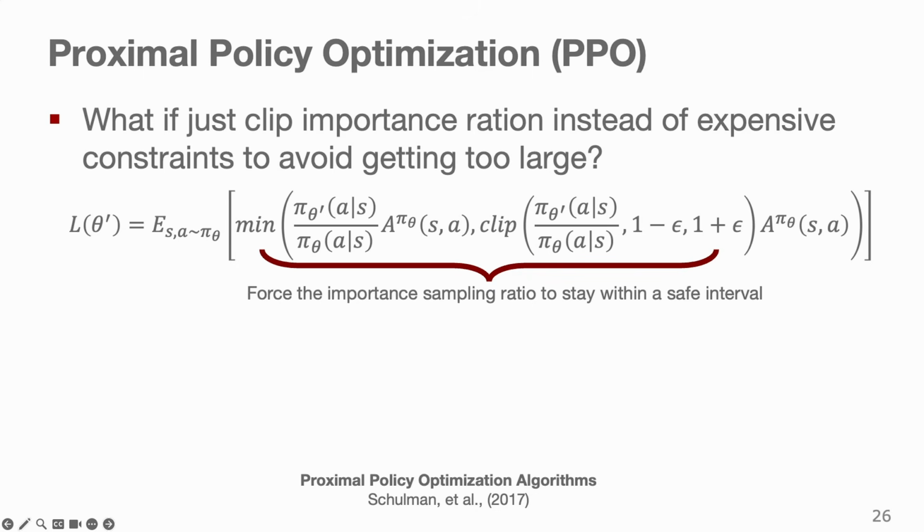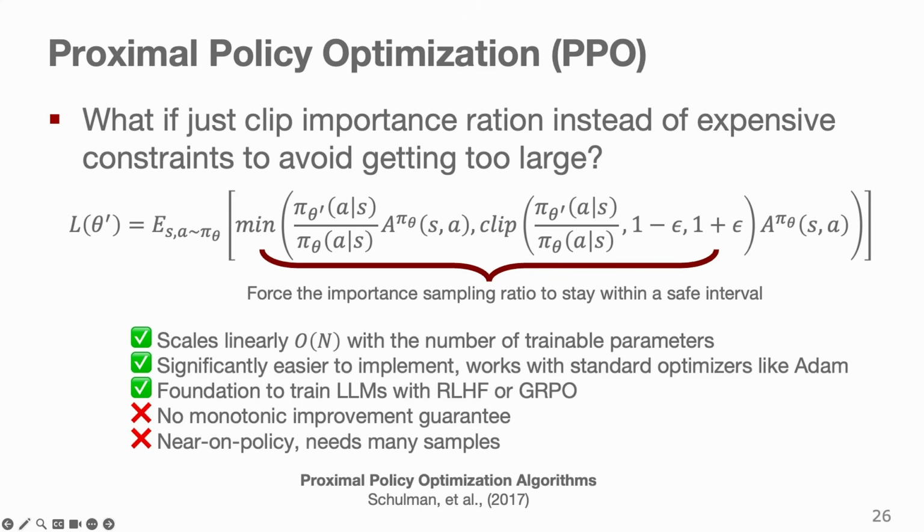And because this is a simple first-order method, it scales linearly and works perfectly with standard optimizers like Adam, and this scalability is exactly why PPO is the backbone for training large language models with RLHF or GRPO and so forth.